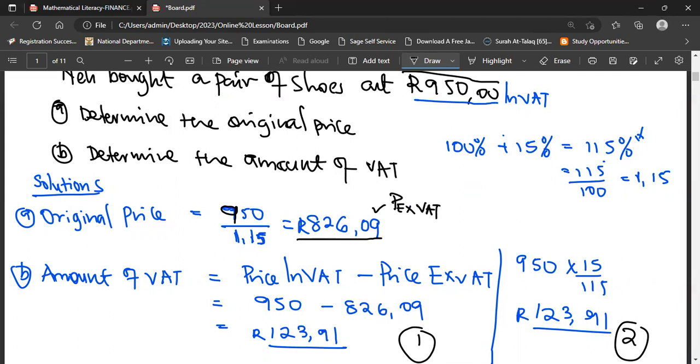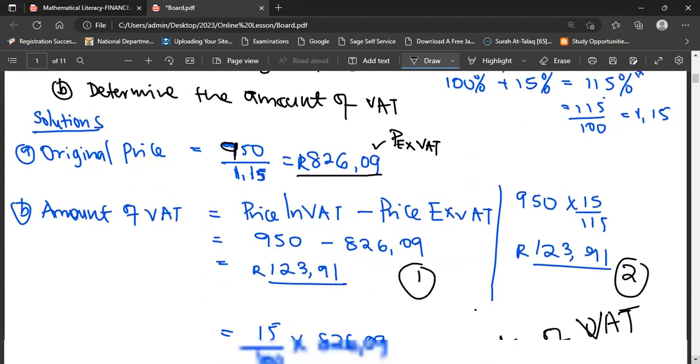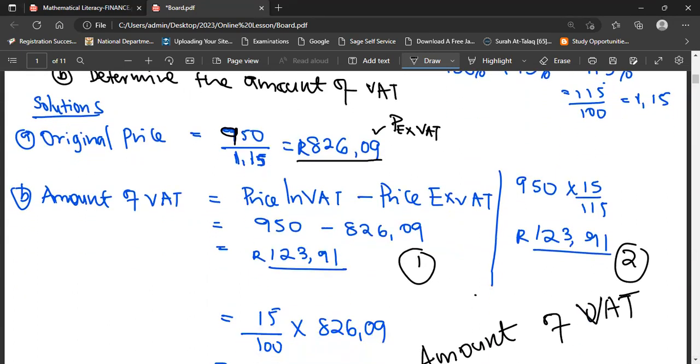VAT exclusive. Then we look at the amount of VAT. You can take the price including VAT, since you already have it, which is 950, minus the price that you've just got as the price excluding VAT, the original price, and the answer becomes that much.